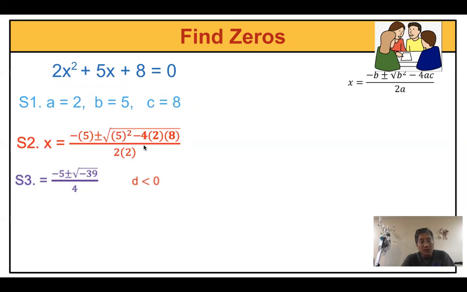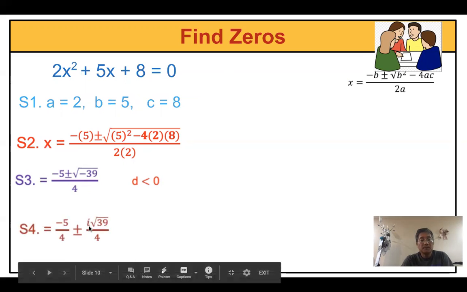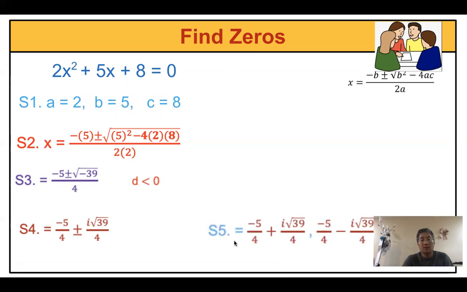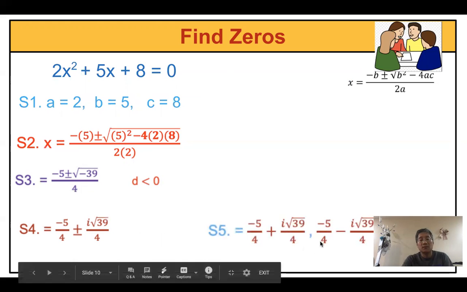You can use the calculator for this, but you need to show these steps, all right? Step by step. And the negative becomes what? i, right? It comes out as i. And then separate into two fractions. So we are done, but you should know that these are two solutions. So you can write down this solution and this solution, all right?